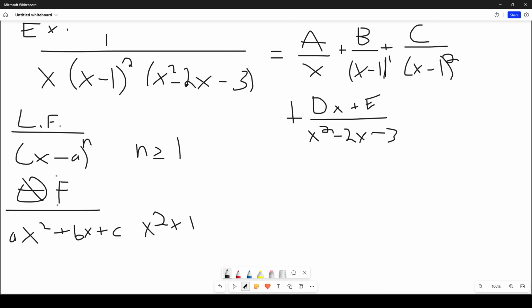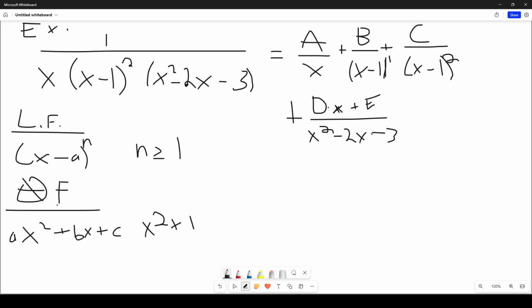And the same applies when you raise this to the n power. You have to do it to the 1, to the 2, then to the 3. And something else is different. For the linear factors we just have A, B, C, but here we have Dx plus E. The reason we have this extra x is that, since we have a square here, it's possible to have a linear factor up here as well.